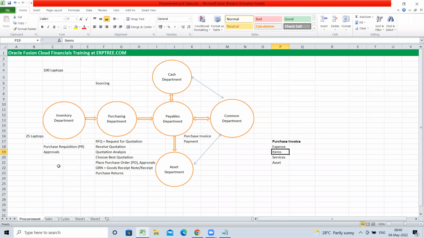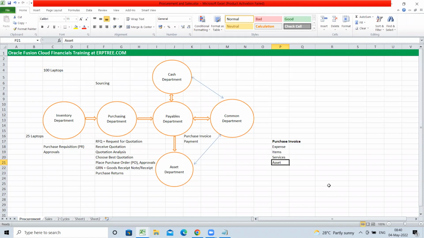Now we are discussing items. Or else the purchase invoice may belong to services. To make the payment for services, you may create a purchase invoice, or else it may be an asset related purchase invoice. Your organization purchased some asset, so you have to make the payment, and for that you may create a purchase invoice.